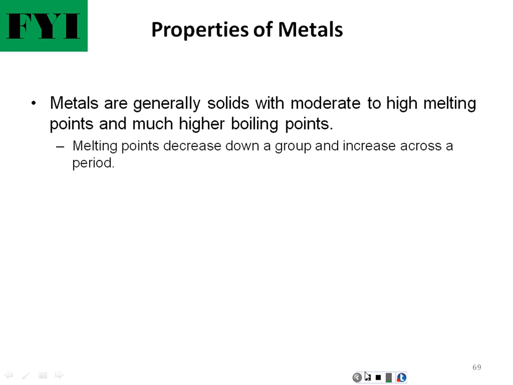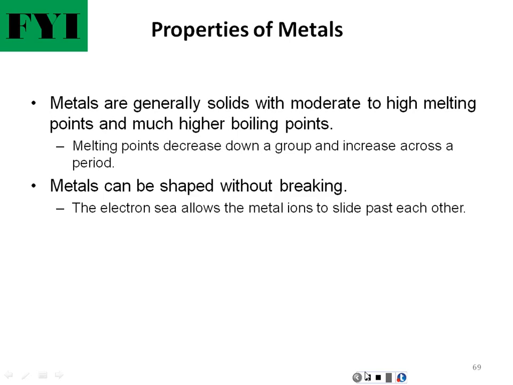So if you're curious, the melting point will decrease down a group and increase across a period. Metals can be shaped without breaking, unlike ionic compounds. This is because the electron sea allows the metal ions to slide past each other.